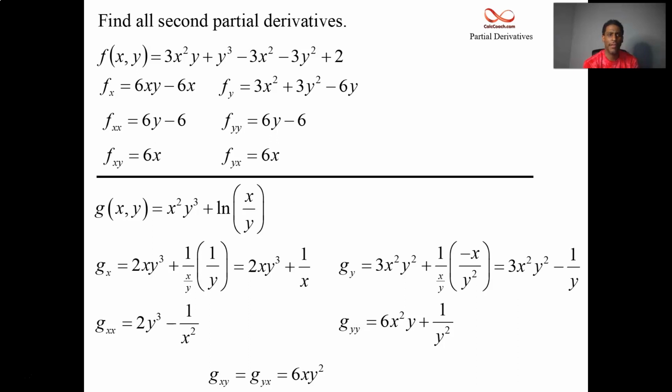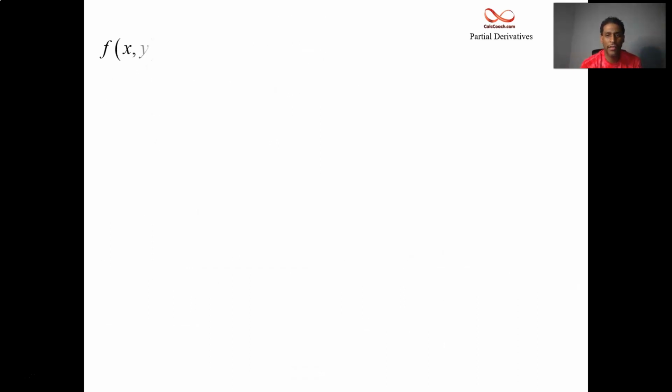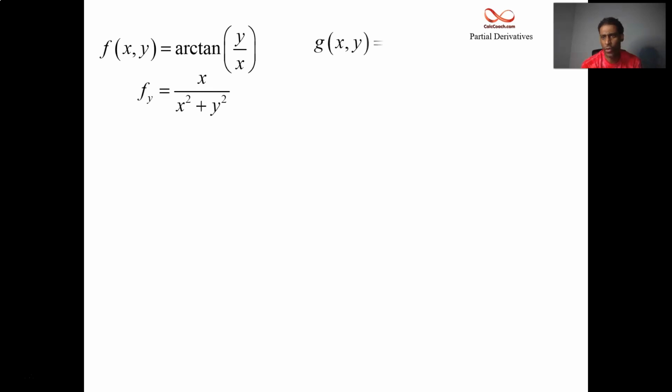All right, great. In an earlier video, we looked at the function arctan of y over x and took its x partial and its y partial. The y partial of that function actually was the function that we looked at on the second big example from a couple videos ago. We've already taken this guy's x partial and y partial.